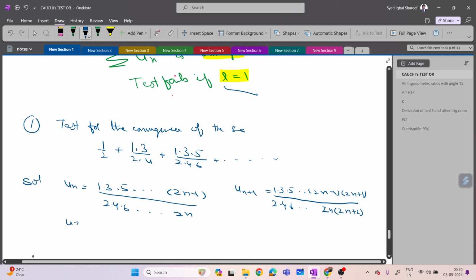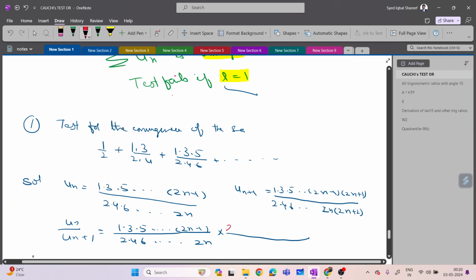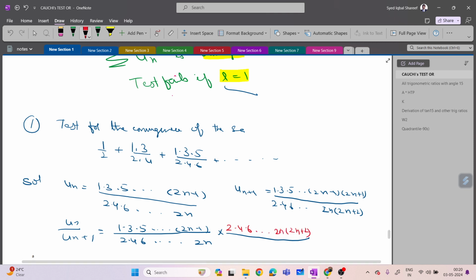So now you have to go un by un plus 1. Un is 1.3.5 and so on 2n minus 1, over 2.4.6 and so on up to 2n, multiplied by the reciprocal of un plus 1. This will be 2.4.6 and so on up to 2n plus 2, divided by 1.3.5 and so on up to 2n minus 1, 2n plus 1.